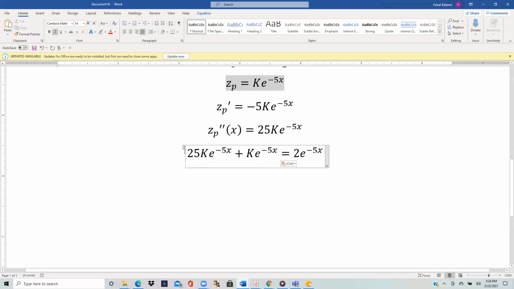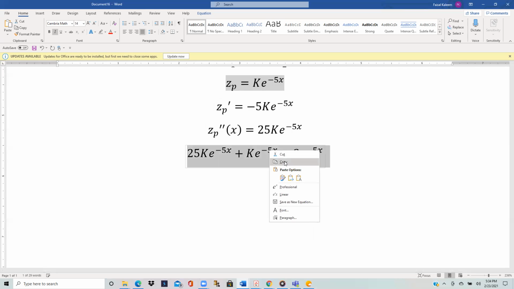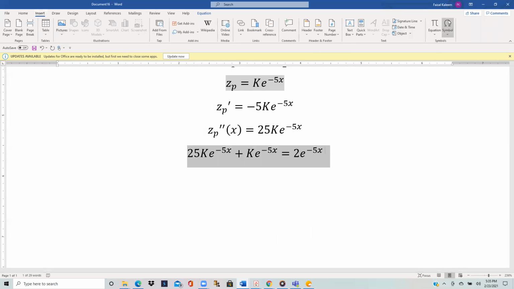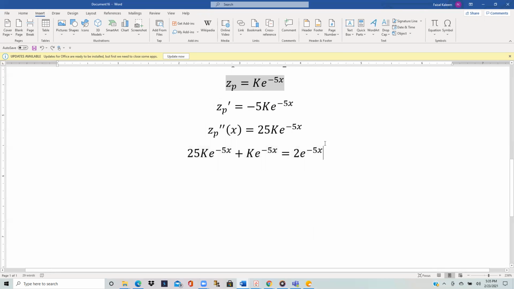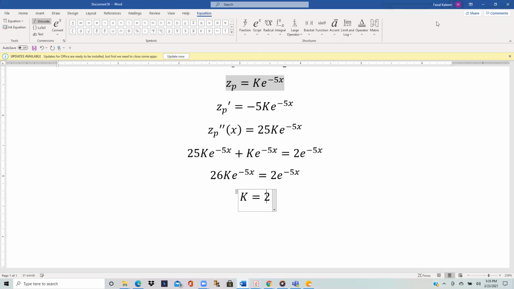So now this would be 26k e to the negative 5x, and we can divide out by e to the negative 5x. And so k would be 2 over 26, which is equal to 1 over 13.